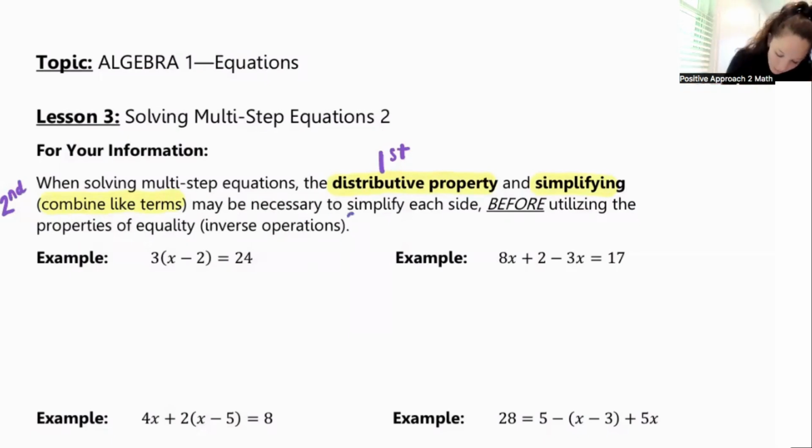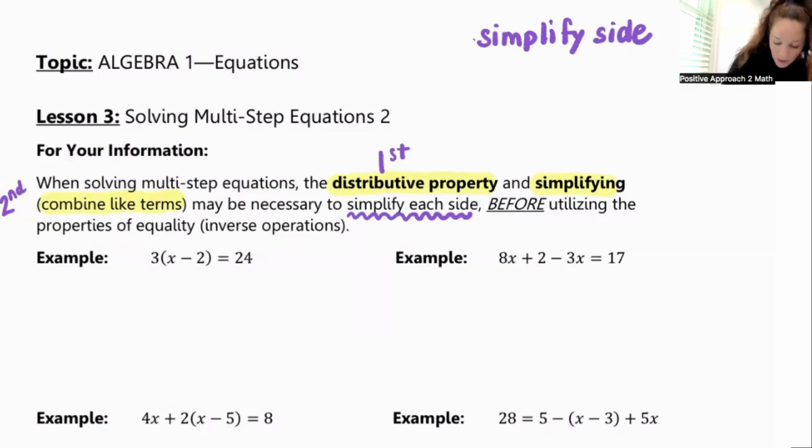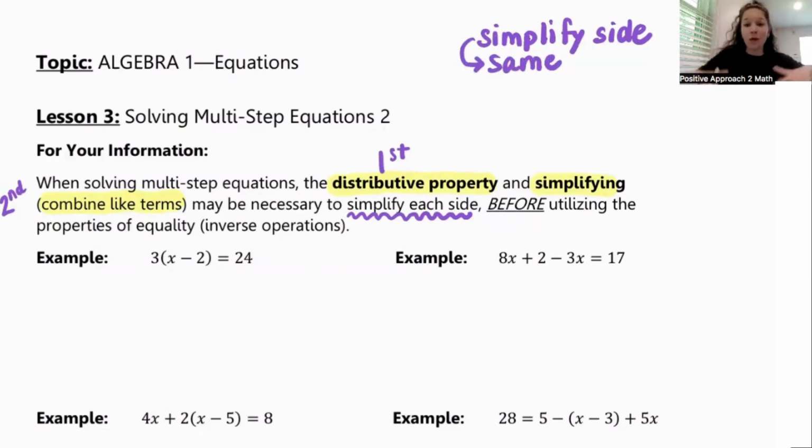I want to point out that when you are simplifying a side, you're not trying to do an opposite operation. I always make the note you're doing the same operation that you see. You're just combining like terms. So if you see 5 plus 3, you're doing 5 plus 3 and squeezing them together. You're not going to say, oh, I need to do the opposite.